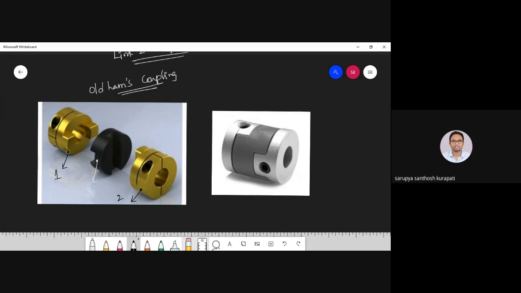Suppose I'm just drawing it using a white color. Here the shaft will be there. These shafts were guided. So here also shafts will be there.